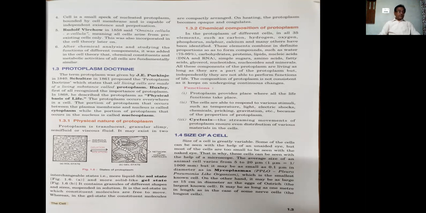Now, slowly, we come to the main points of the cell. The size of the cell varies from organism to organism. Very small size: mycoplasma, that is also known as PPLO, pleuropneumonia-like organism.